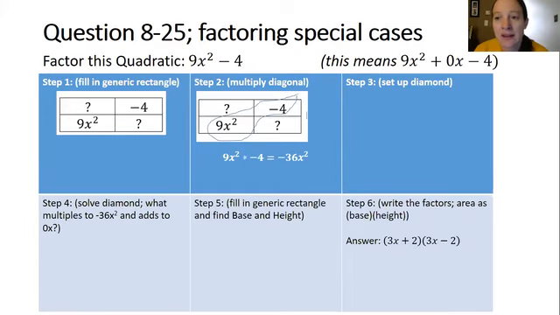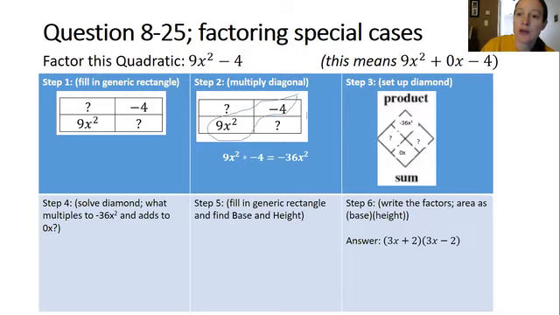Again, that 36, if you look in our list of perfect squares, 36 is a perfect square. And now you need to set up the diamond. So what multiplies to -36x squared, but adds to 0? Remember, we don't have any x tiles to work with. But it's a part of the problem. It doesn't mean we can't do the problem. It just means we have 0 tiles. So what multiplies to -36 and adds to 0?